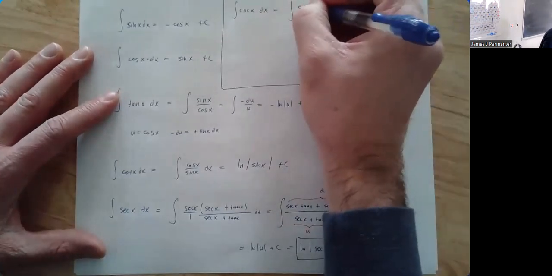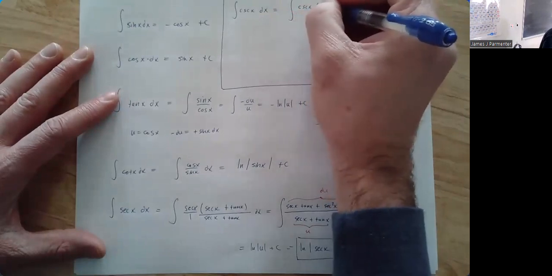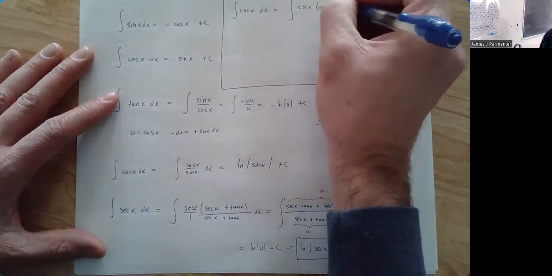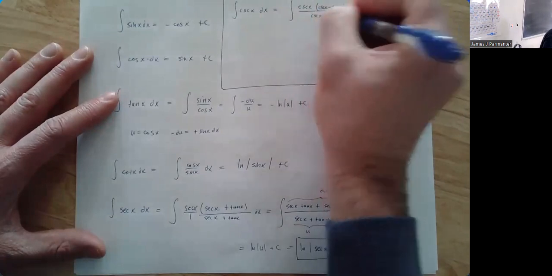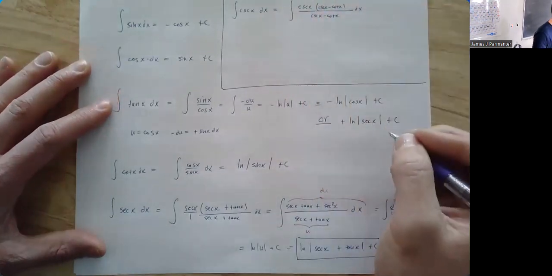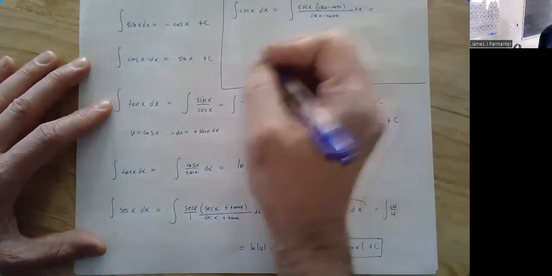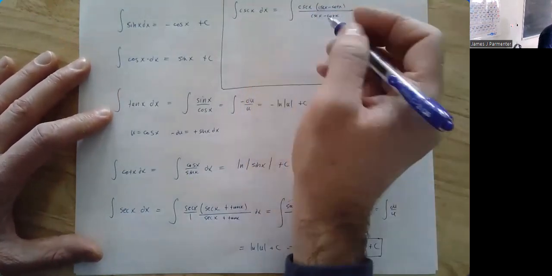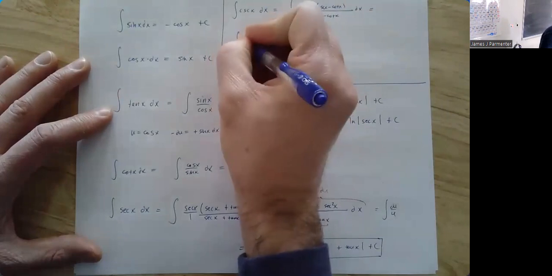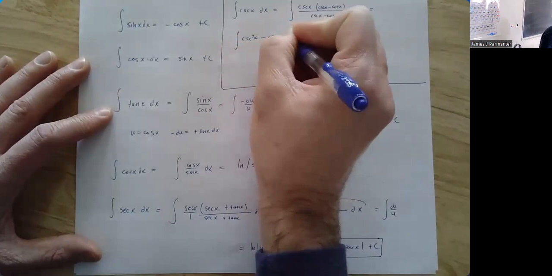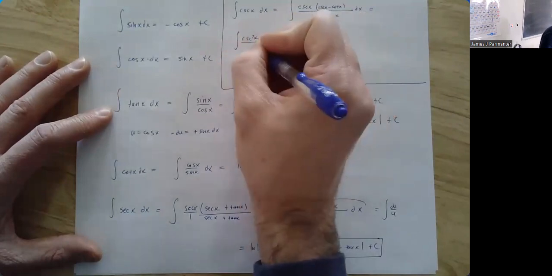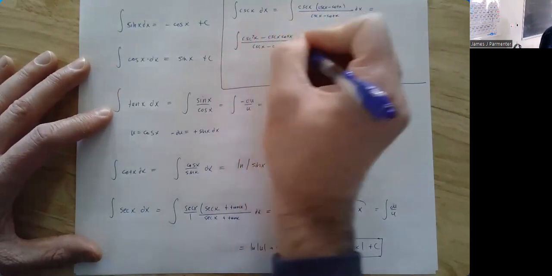So we get cosecant x times cosecant x minus cotangent x over the same thing, cosecant x minus cotangent x. Pretty sure it's going to work. We'll find out. So on top, I'm going to have cosecant squared minus cosecant cotangent. On the bottom, I'm going to have cosecant x minus cotangent x.